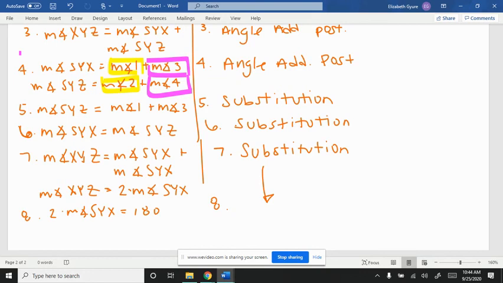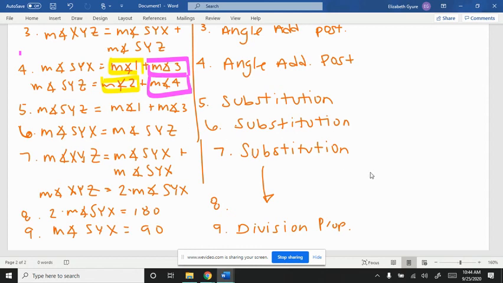And now can I divide? Yes. And I'm going to say that the measure of angle SYX equals 90. That's the division property. Do I finally have a right angle? Yes. 100 years later, we finally have a right angle.